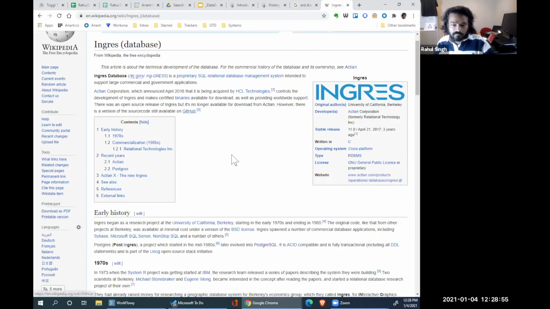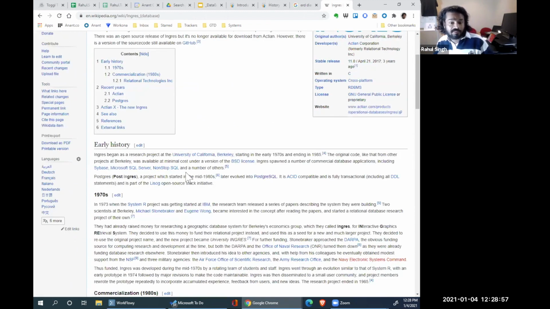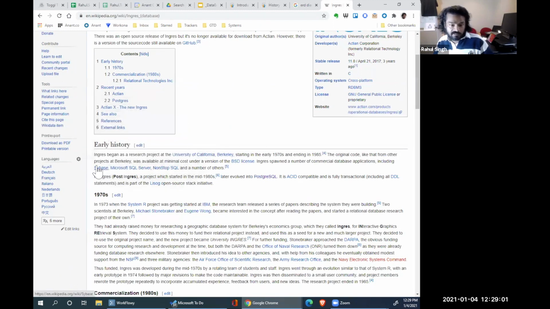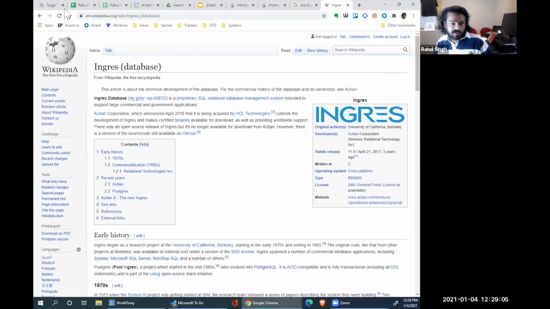At the same time, people took that database and made Sybase, and then SQL Server is basically Sybase, but bought by Microsoft. And nowadays, Postgres is a first-class database itself. In terms of open source technology, Postgres is the closest to the roots of relational databases. It's an amazing database.